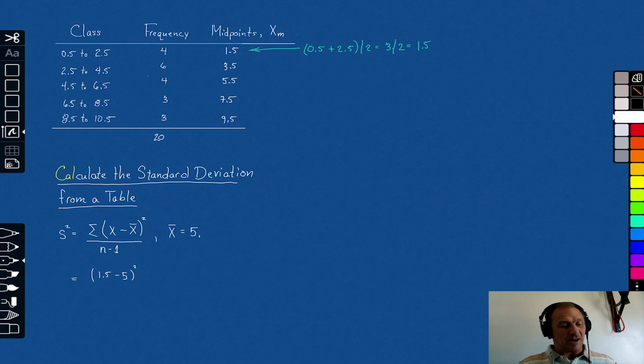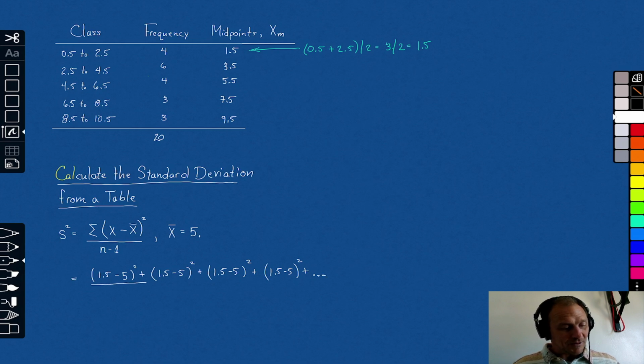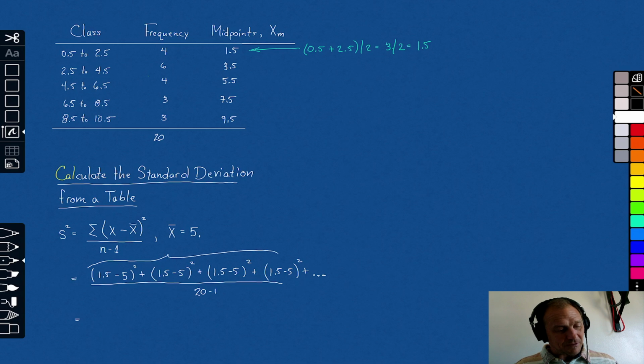So we could write plus 1.5 minus 5 squared plus 1.5 minus 5 squared plus 1.5 minus 5 squared plus, and then we could do that for the next data values and keep going, and then divide all that by 20 minus 1.